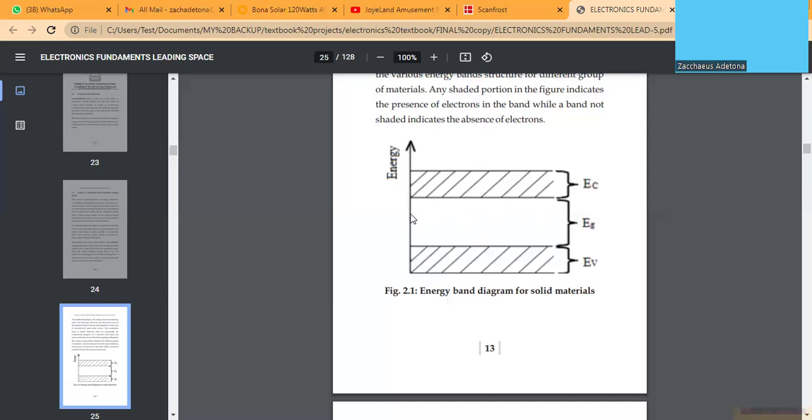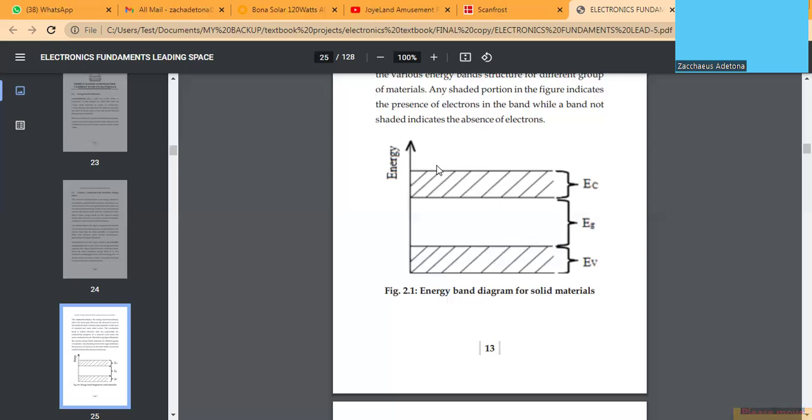That is to say, no electron is present there because electrons are not permitted to exist there. It's a forbidden gap. But electrons can exist in the valence band and the conduction band. The conduction band is the range of energy possessed by electrons that have made a transition from the valence band to the conduction band.